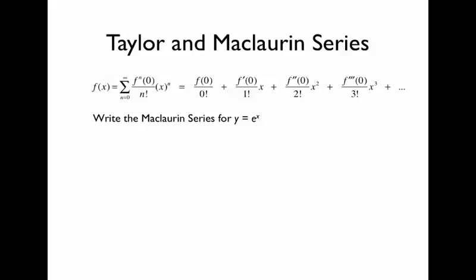Which is what? 1, right? So all these derivatives for the Maclaurin series for e to the x evaluated at 0 are just 1. So we can write it down. The only thing that's changing is the denominator.